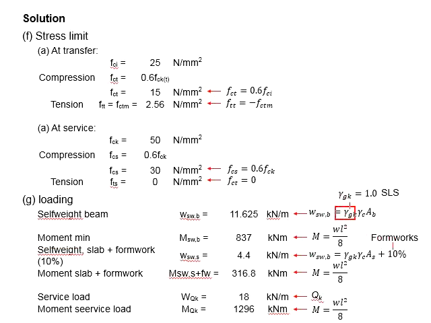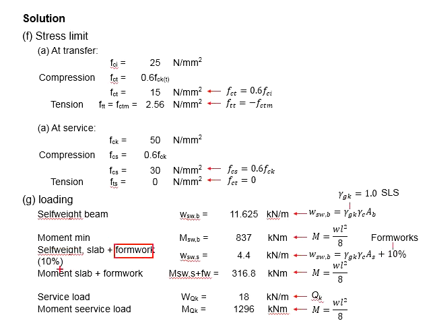The factor of safety is referring to the serviceability limit state, which is equals to 1.0. The moment minimum due to the self-weight of the beam is calculated from the equation here, which is equals to 837 kN meter.